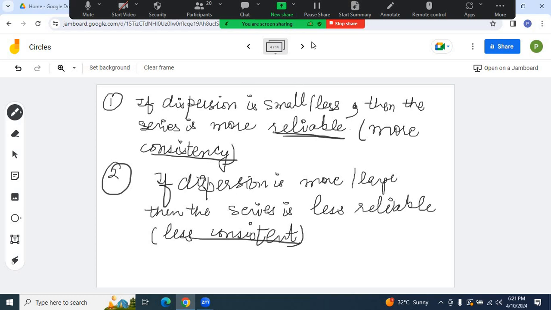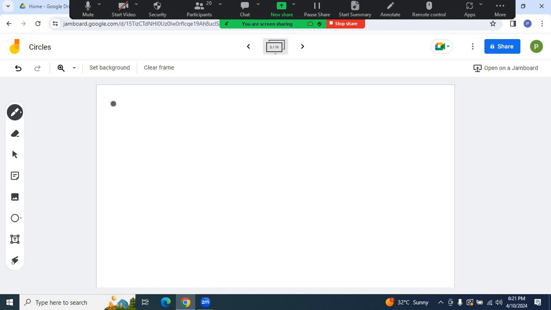Another example can be body temperature. You use the thermometer, and your body temperature keeps on changing. If you are working in hot weather outside, in a garden or park or on a road, anywhere, then your body temperature would be more.